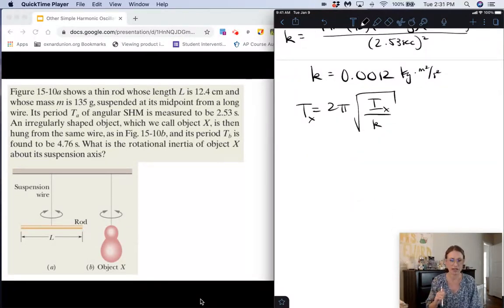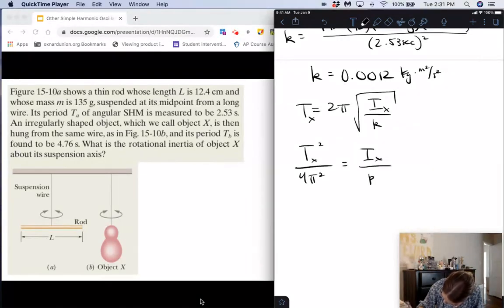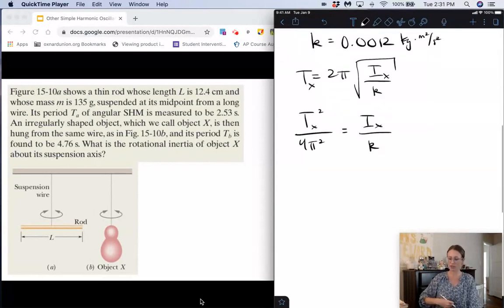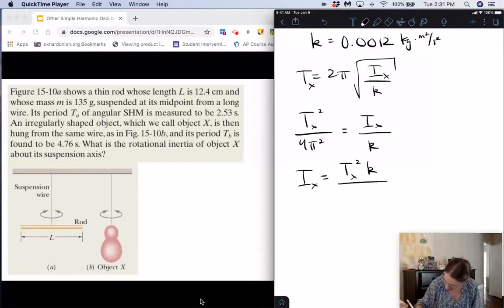So again, dividing by 2 pi and squaring everything gives us period of X squared divided by 4 pi squared equals I X over kappa. Multiply both sides by our torsion constant kappa, and we get the rotational inertia of object X is equal to period of object X squared times kappa divided by 4 pi squared.